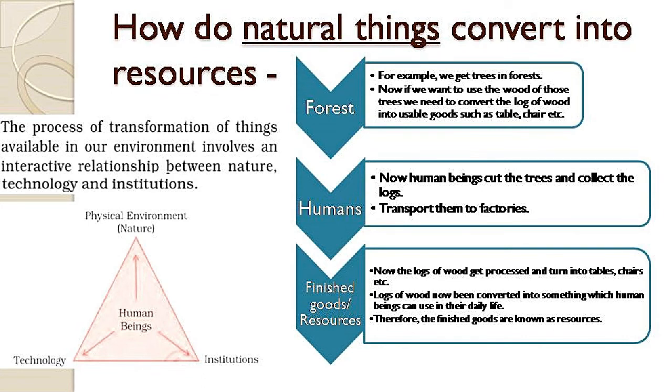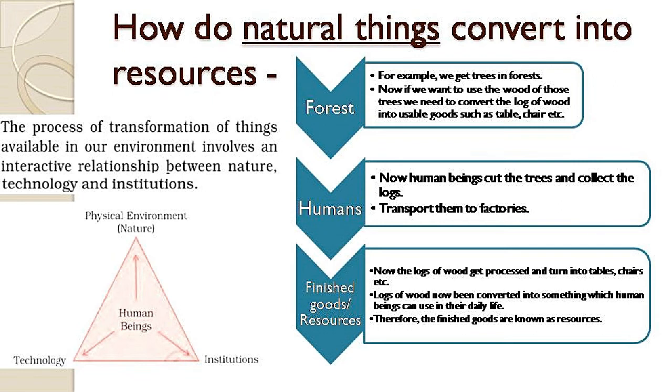So students, what was the most important element here between the forest and the finished goods? It was the human being. Human beings went to the forest, they cut the trees, they collected the logs, transported them to factories, and there they got converted into furniture which can be used by themselves.